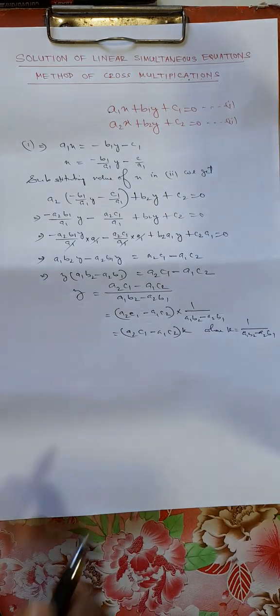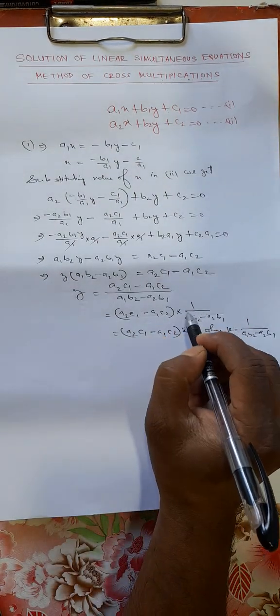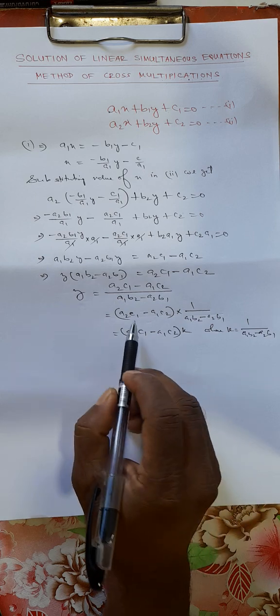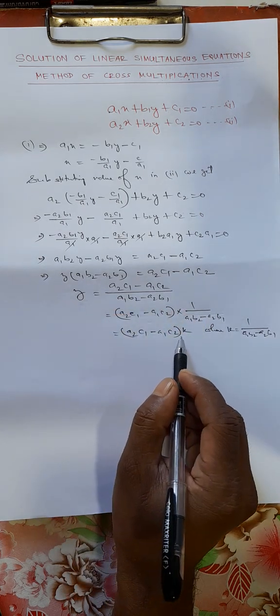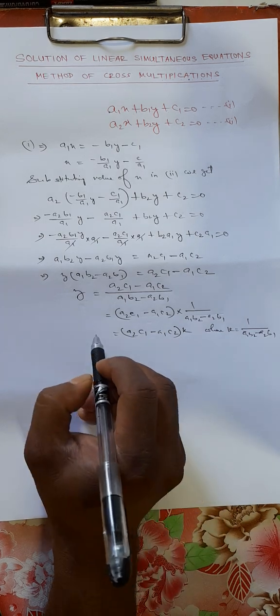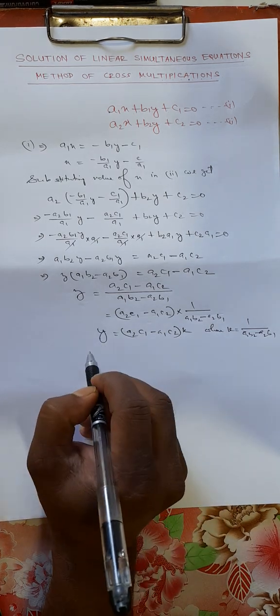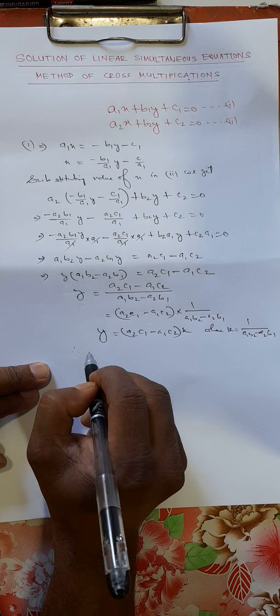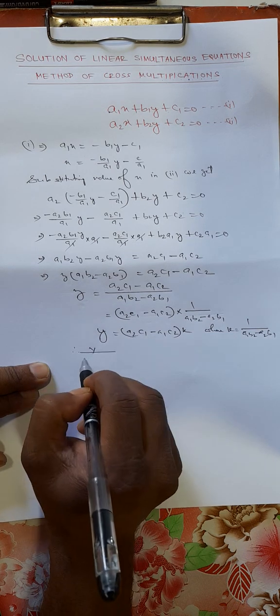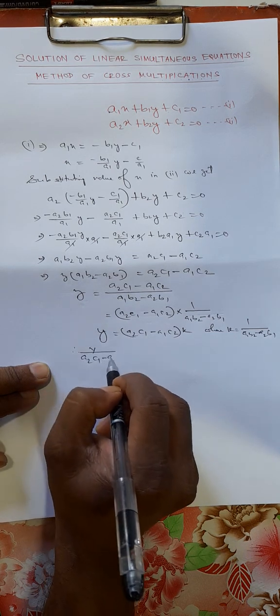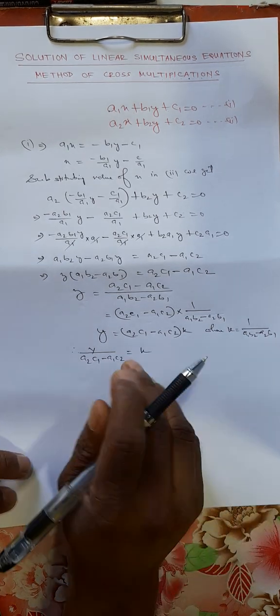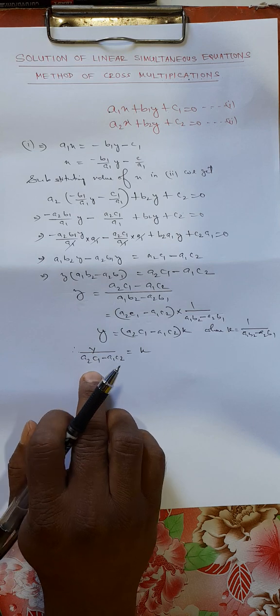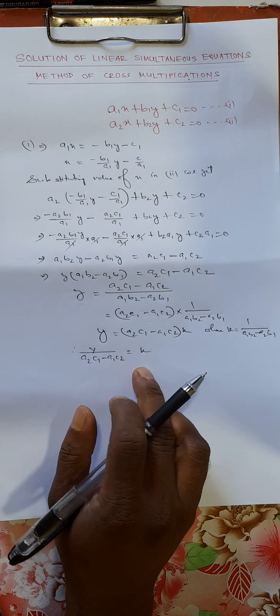Suppose we are assuming that this part is k. So you got y equal to this. Therefore you can write it as y divided by (a2c1 minus a1c2) equal to k.